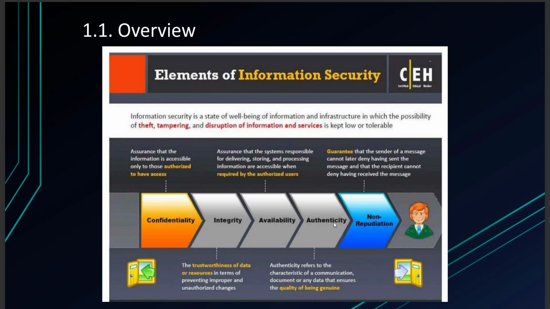So authenticity is simply to maintain that you are genuine, the real user that has access to this data. And non-repudiation is the rejection of something. Let's say you received a message, then you rejected it, telling that you're not the person who received the message.